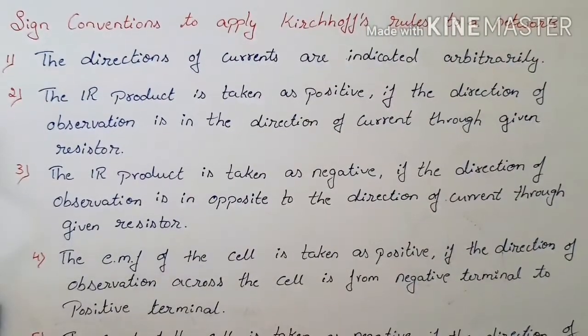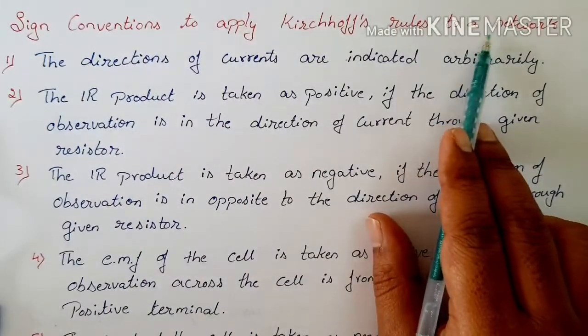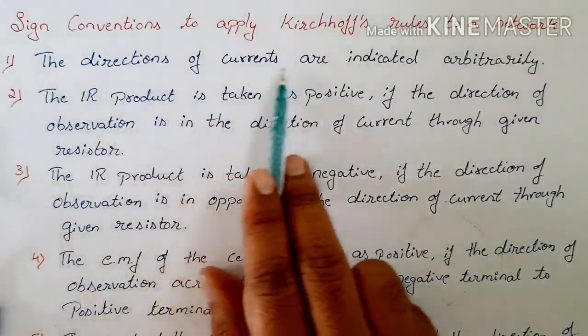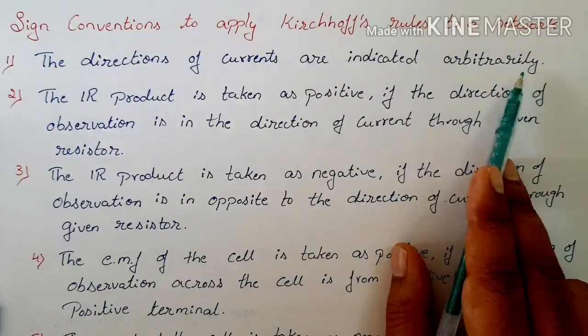Look at the sign conventions to apply Kirchhoff's rules to your network. The directions of the currents are indicated arbitrarily, like I1, I2, I3.